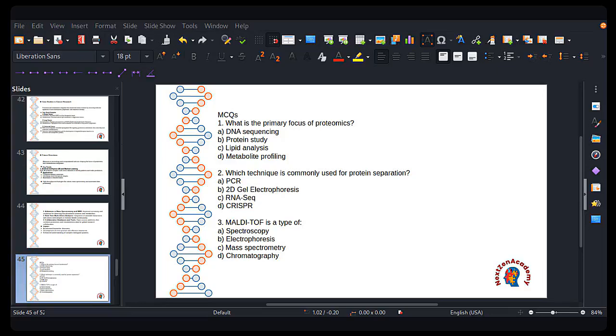Nobody's writing. What happened? Okay, very good. Matrix assisted laser desorption ionization. Time of flight is a type of mass spectrometry.